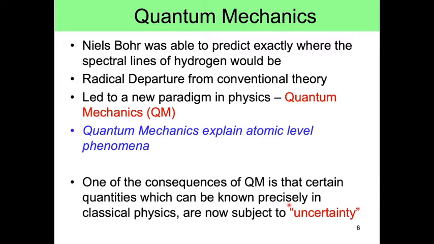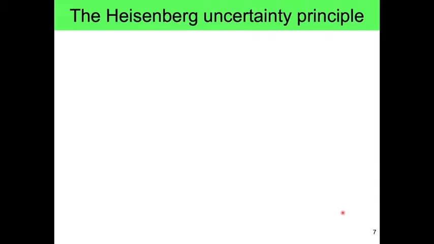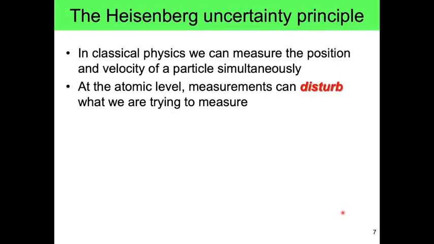This is known as the Heisenberg uncertainty principle. So there's some fuzziness associated with quantum mechanics that confuses many physicists, and it's very difficult to treat mathematically.